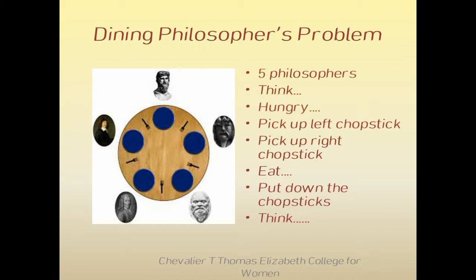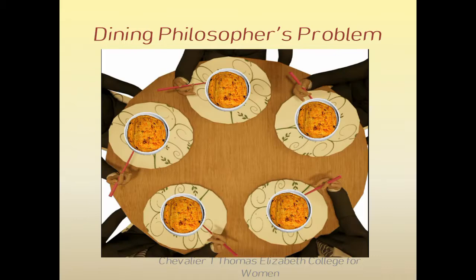There is no problem if 1 or 2 philosophers feel hungry simultaneously. But consider a situation where all 5 of them are hungry simultaneously. Each one of them would pick up the chopstick on their left at the same time, and they will be waiting to get hold of the chopstick on the right.